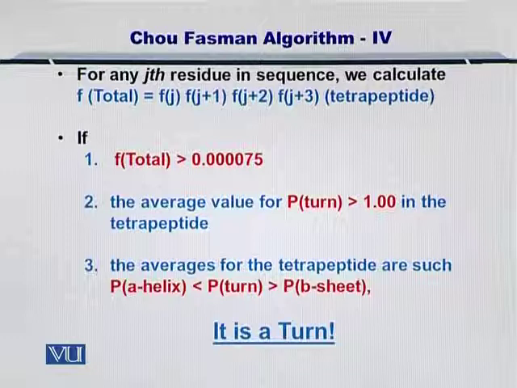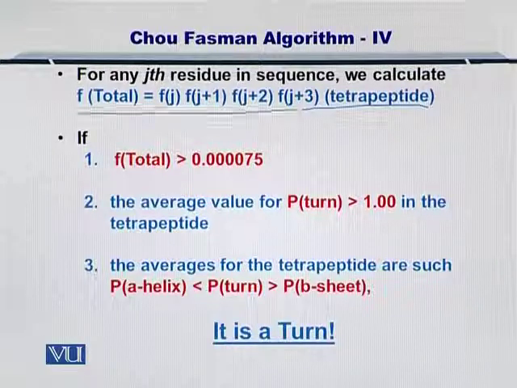So let me go over it again. Consider any 4 amino acids. You use the lookup table and you can find out their propensities to form a turn, and you can multiply them together using the equation given here, and you can arrive at F total.